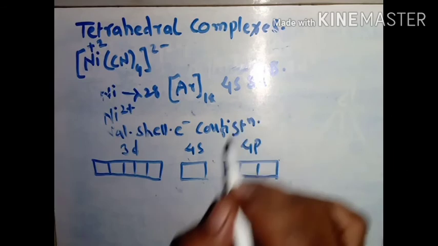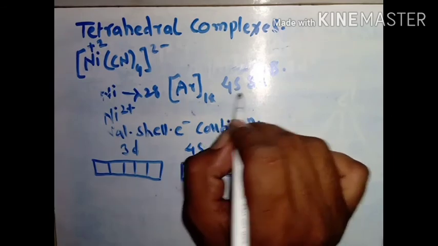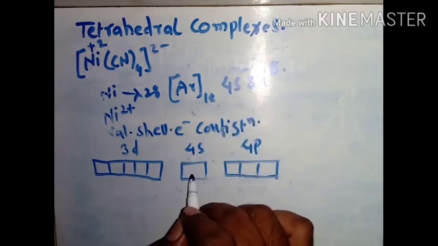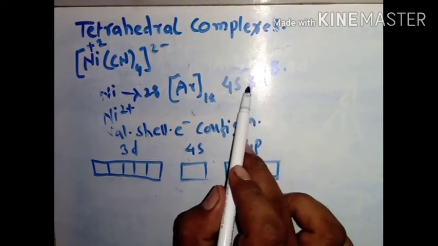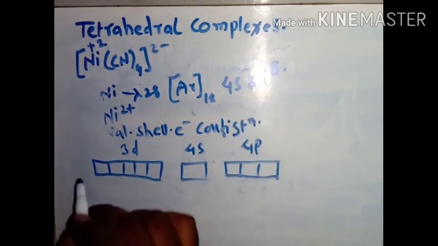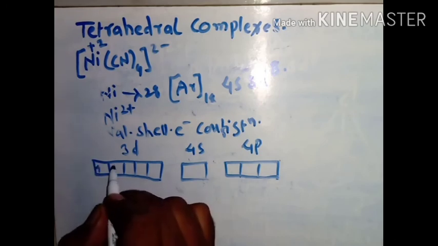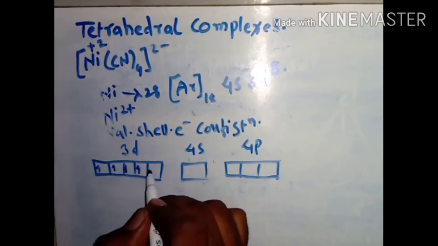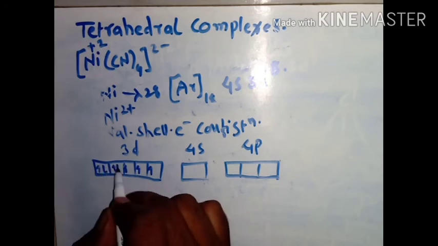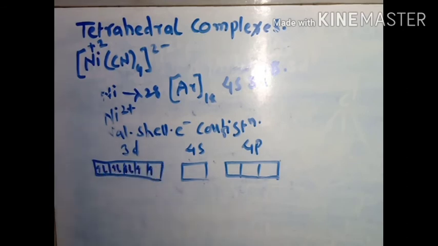Here 2 electrons are already removed from 4s, so this shell will be empty, and there are 8 electrons in the 3d level, which we distribute as 1, 2, 3, 4, 5, 6, 7 and 8.